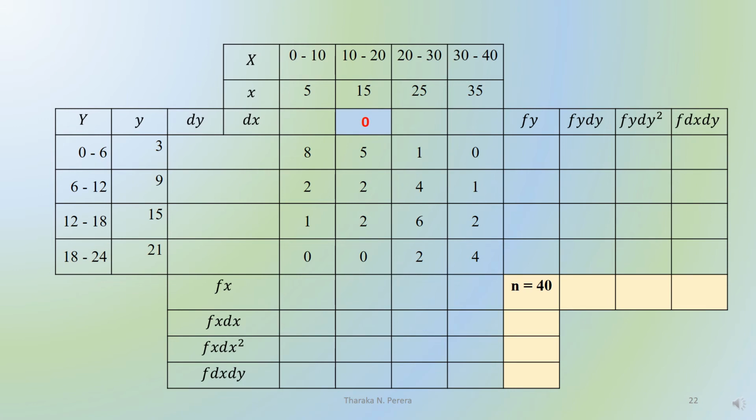Here let's see the dx row. Here we have to assume a mean and put 0 against that assumed mean value for x. Then get the coding deviation values. As an example, for x value 5, we can get dx by 5 minus 15, which is the assumed mean, and divide by the class width 10. We get the answer minus 1.